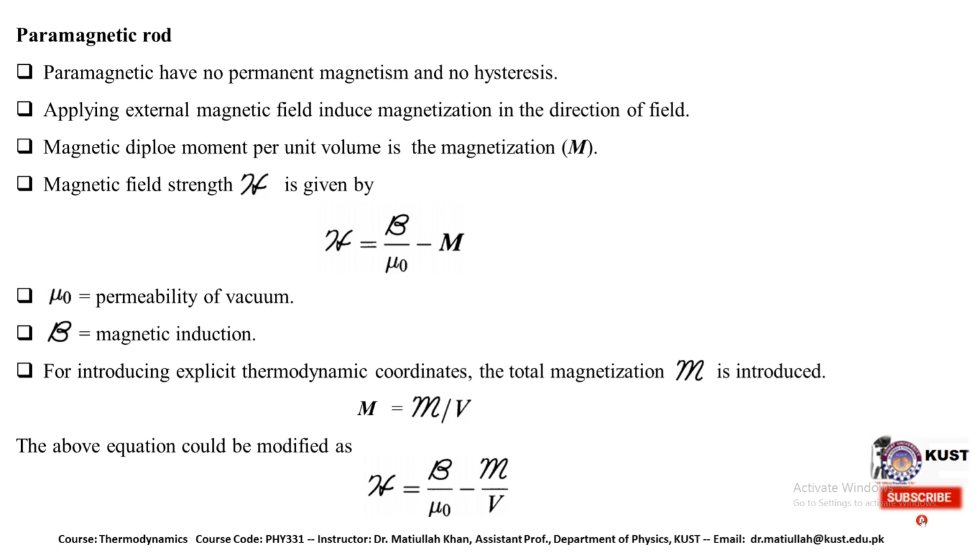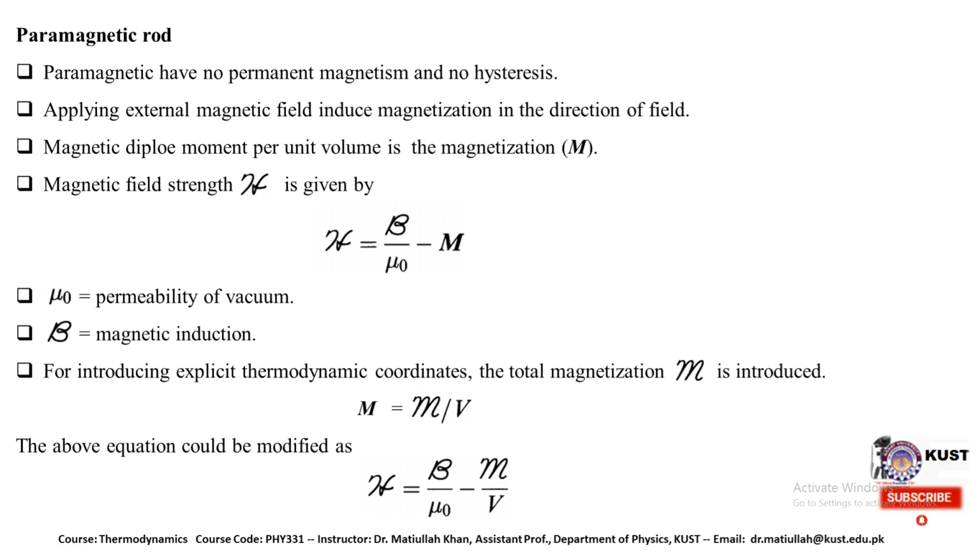So again, just like in the case of the dielectric slab, we develop some explicit thermodynamic coordinates. Here we also need to develop explicit thermodynamic coordinates so that they have a relationship with, and dependency on, volume.